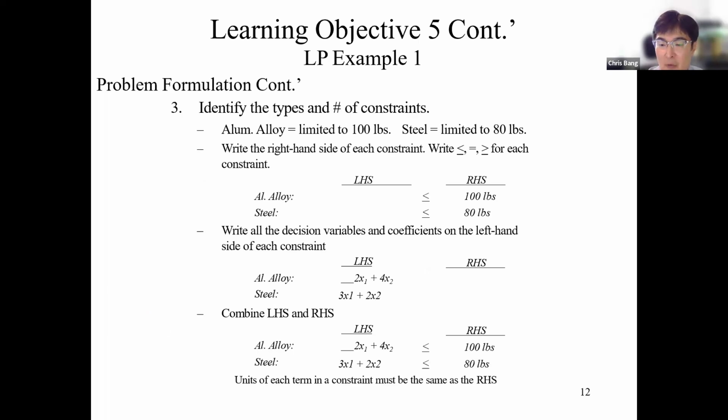Now we formulate the constraints. Each deluxe frame uses 2 pounds of aluminum and 3 pounds of steel, and each professional frame uses 4 pounds of aluminum and 2 pounds of steel.